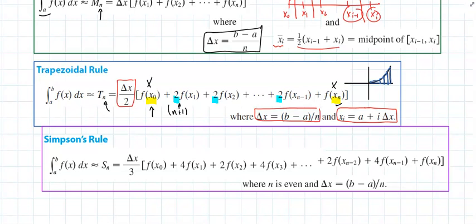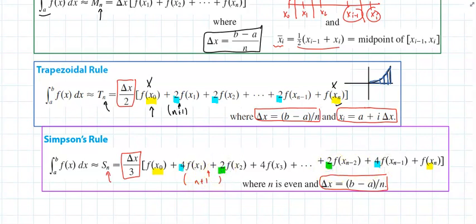Simpson's rule is slightly different. Delta x is the same, and you start with delta x divided by 3, and the same idea applies. This is still n plus 1 calculations. With Simpson's, we notice that the first and the last are there, the second and the second to last are a 4, and the third and the third to last are a 2.